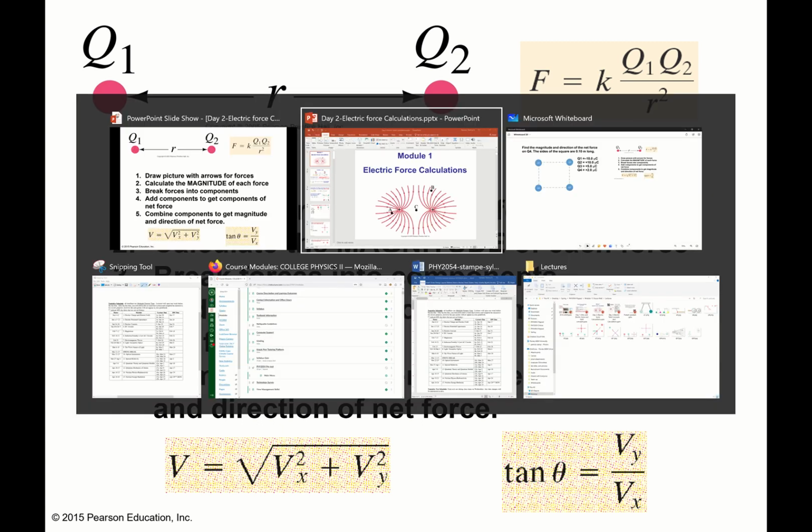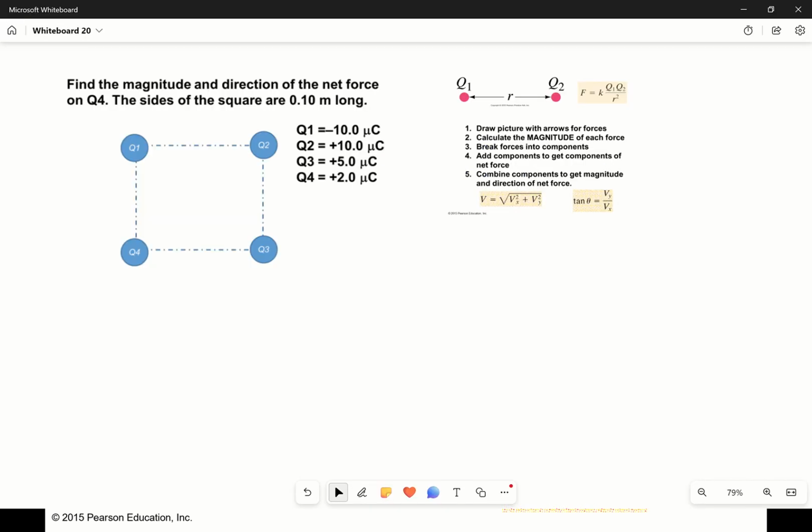Okay, so let's switch over now to my whiteboard and let's work on a problem. Here I've got 4 charges arranged in a square. I've got the charge for each one given there in microcoulombs, and the sides of the square are 0.1 meters long. It asks us what's the net force on Q4, the charge down in the bottom corner.